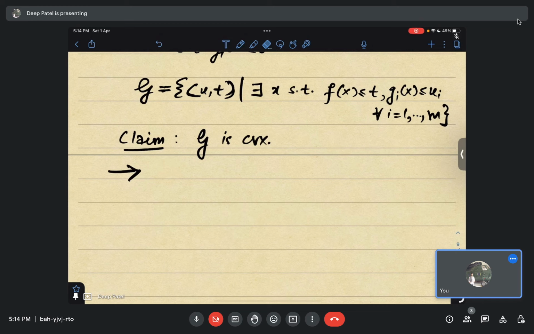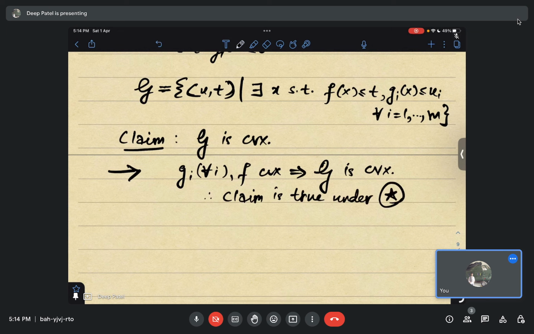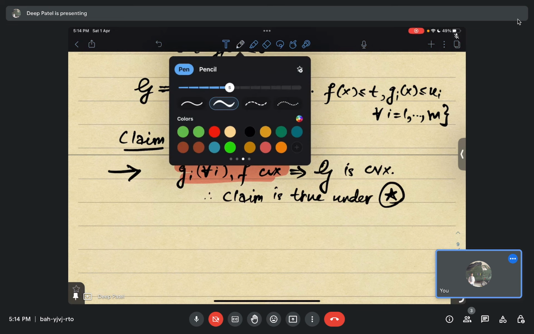This is true only if the constraints g_i are convex, for all i, and f convex, which implies G is convex. That is missing in the question description. I did not answer the question because of that very reason. So the claim is true under this assumption, which I will call star.